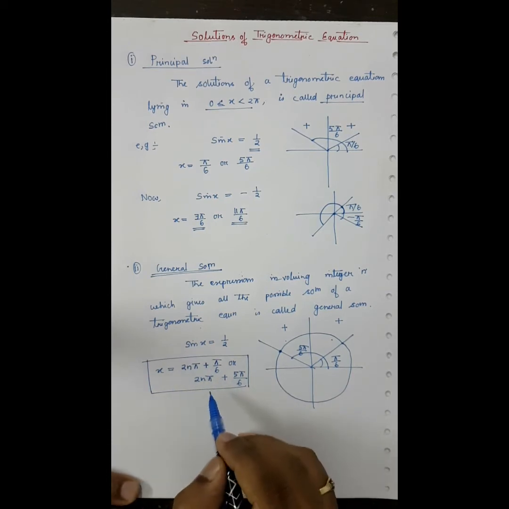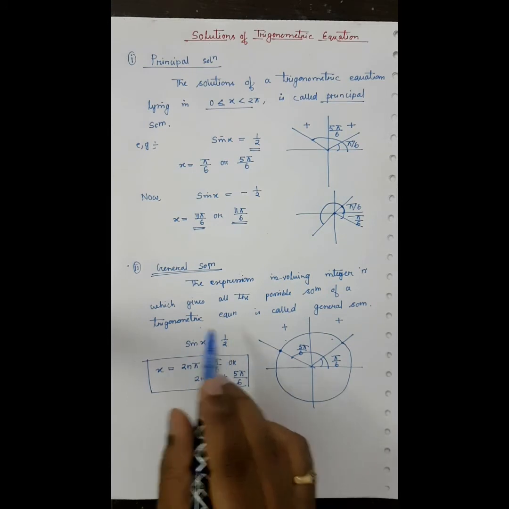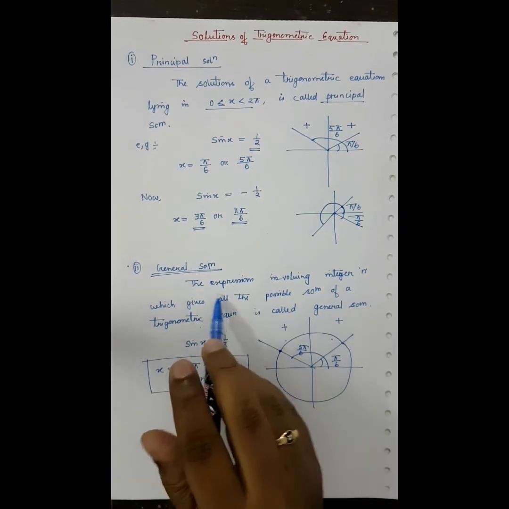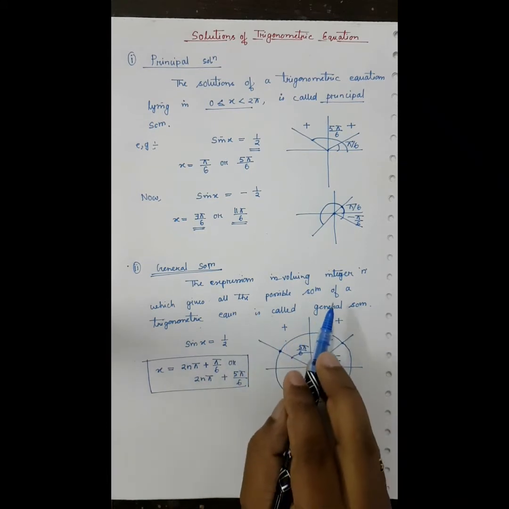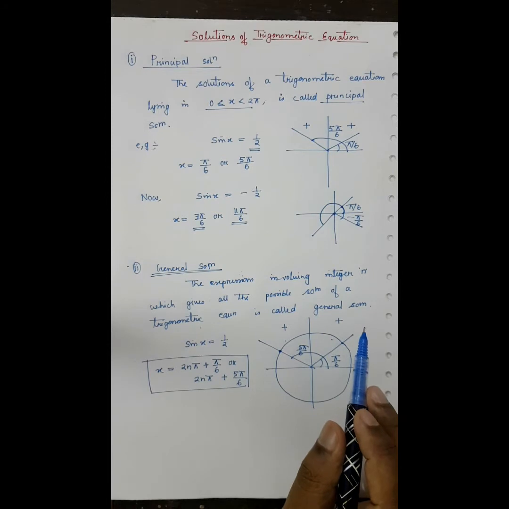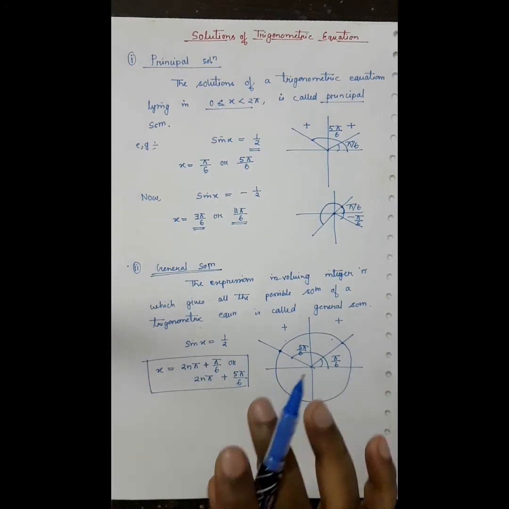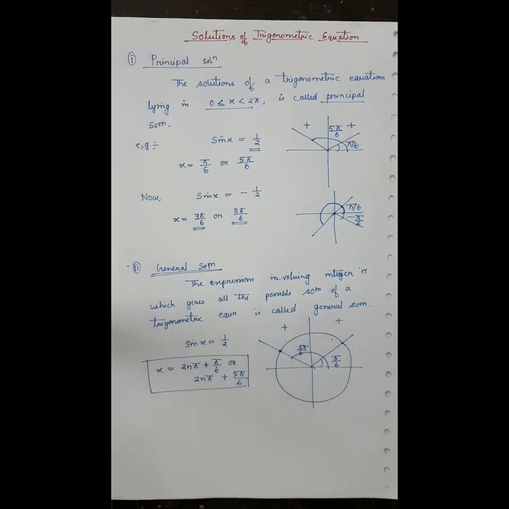So it denotes the general solutions of the trigonometric equation sin x equal to half. So the expression involving integer n, which gives all the possible solutions of a trigonometric equation, is called general solution. Okay, so there are two types of solutions, one is principal and one is general solution.